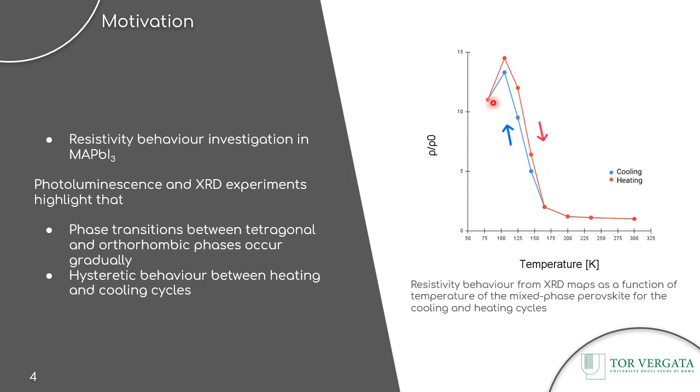And here each dot corresponds to a real XRD map. It is noticeable a marked hysteretic behavior between these two temperature cycles. And also there is a metallic and a semiconductor behavior in the resistivity near the phase transition temperature.